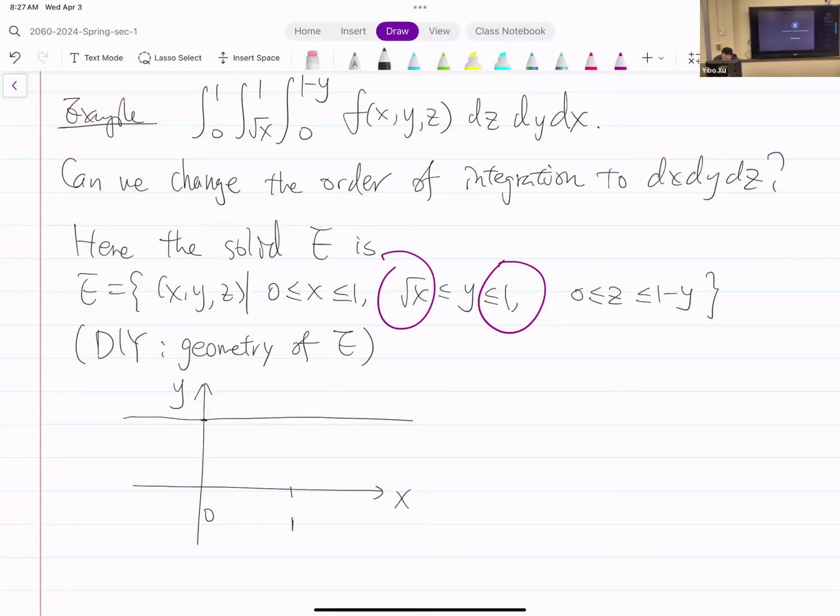And here we have x equals 1 right here. So this is y equals 1. And now y equals square root of x, right? That's actually the square root function. In another way, you can say x equals y squared. So this is a parabola opening towards the right. Let me make it a little more curvy.